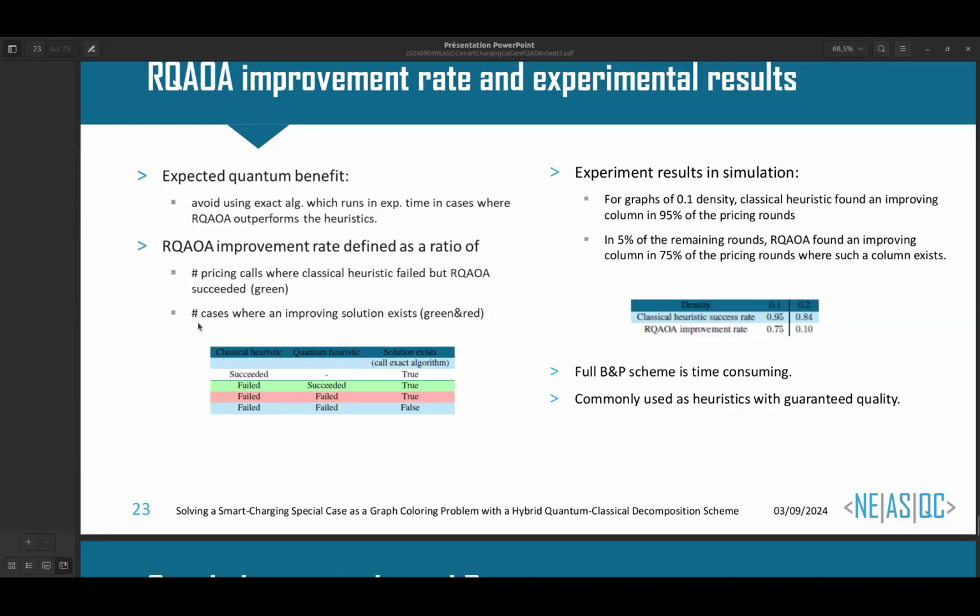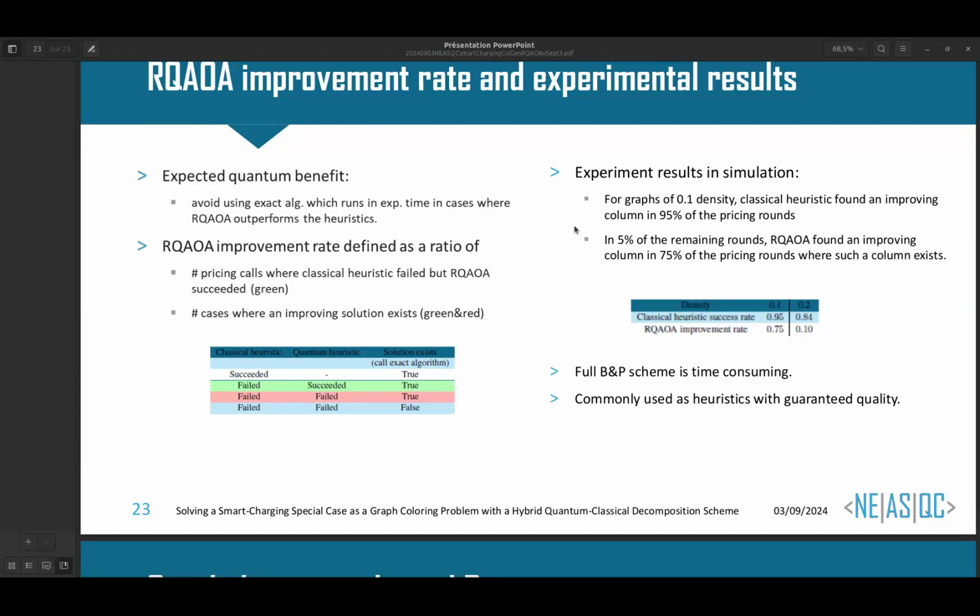Then we have the number of cases where an improving solution exists, and that would be the combination of the green and red. And in the experiment, we used this improvement ratio, the ratio between the green and red, to define the RQAOA improvement rate.